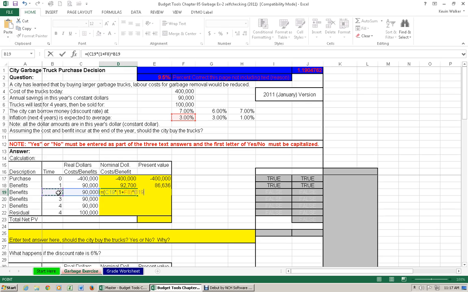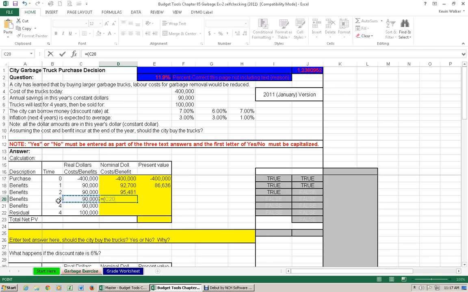All right. Same thing here. We want that number. And you see, by doing it like this, you can estimate that the savings is going to be different in different years, because say you're planning on phasing out older trucks and buying more of these, you might say that this doubles, $180,000 in year 2.